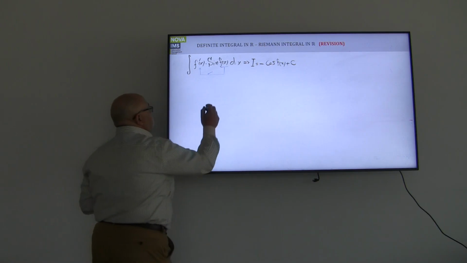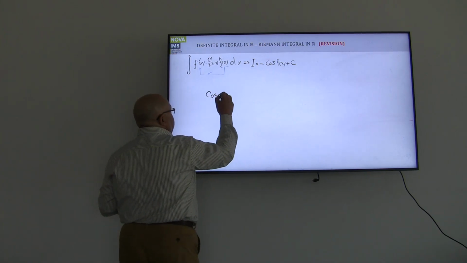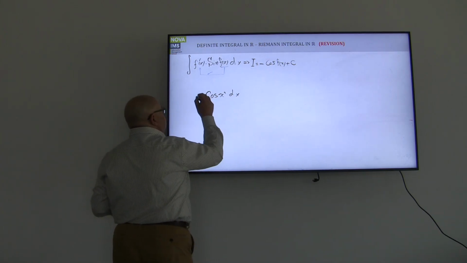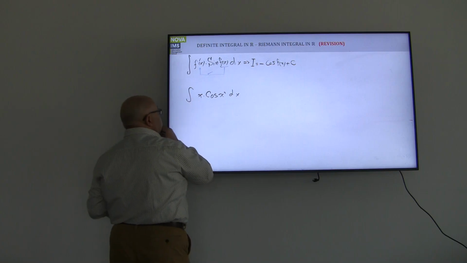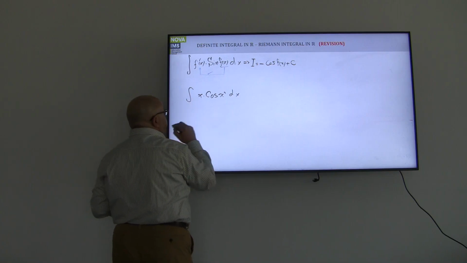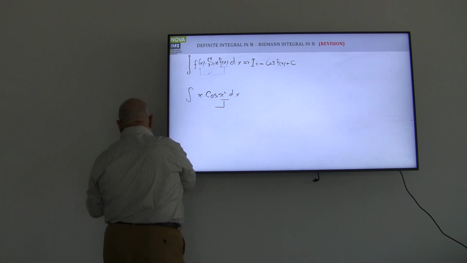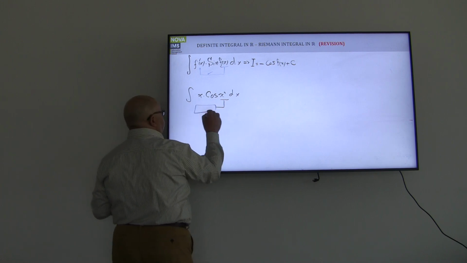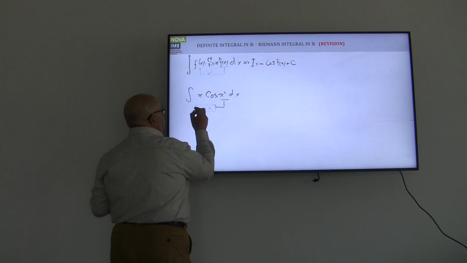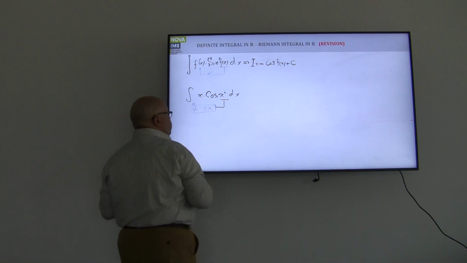So instead, if I want to integrate cosine x squared times x dx, in this case I will remark that the derivative of the angle is simply going to be 2x. But unfortunately, I don't have the 2.